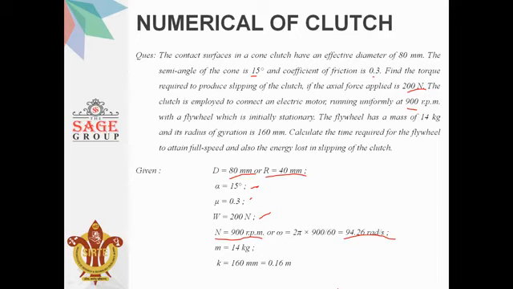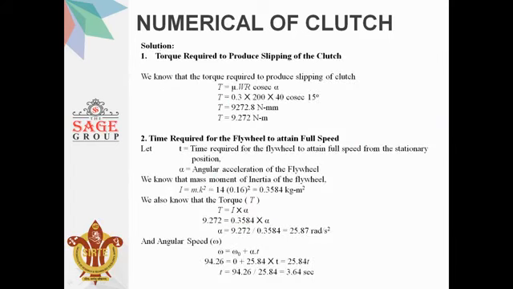We have identified here only the angular speed. Now next, the flywheel has a mass of 14 kg. That means the mass of flywheel is given 14 kg and radius of gyration is 160 mm. So k is equal to 160 mm, or we can say 0.16 meter.